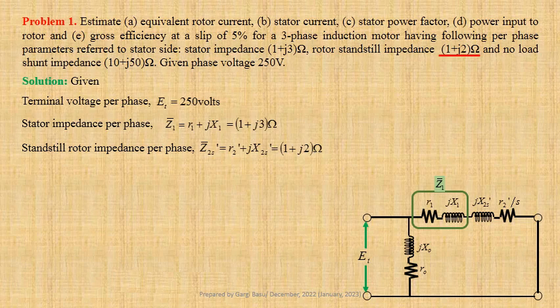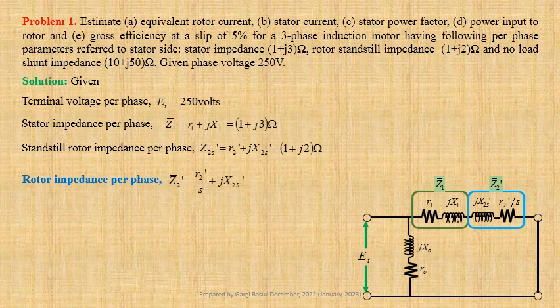For any value of slip S, rotor impedance per phase referred to stator side Z2 dash equals R2 dash by S plus j times X2S dash.